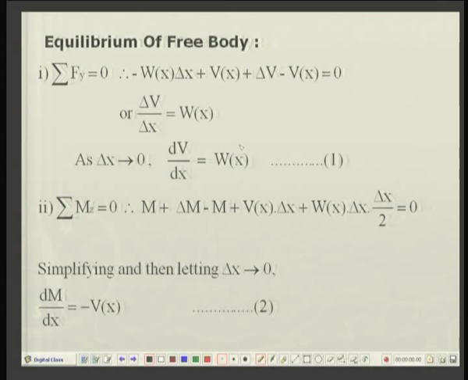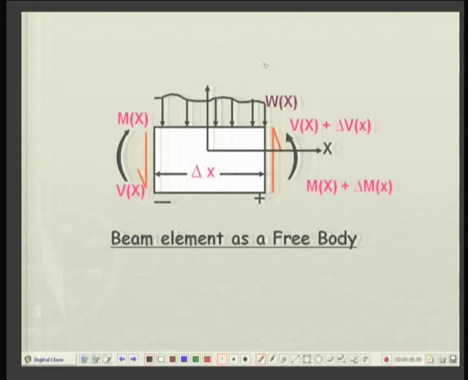Now, again carrying out the free body analysis, the sum of the moments must also be equal to 0. So, sigma Mz is equal to 0. Going back to the figure, what are the moments applicable? There is a moment of Mx which is clockwise, and an anti-clockwise moment of Mx plus dMx.